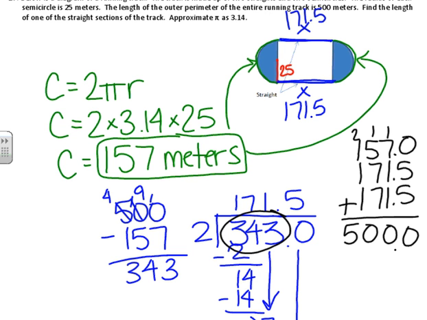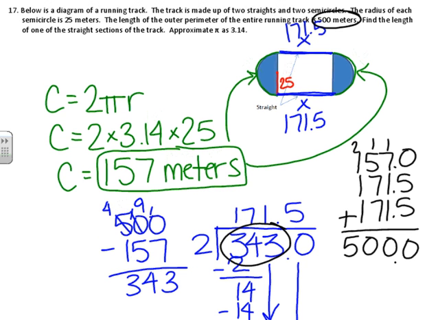Okay, and that does come out to be exactly 500, which is what we saw that it should be based on the problem. Okay, so the length of one of the straight sections would be 171.5 meters.